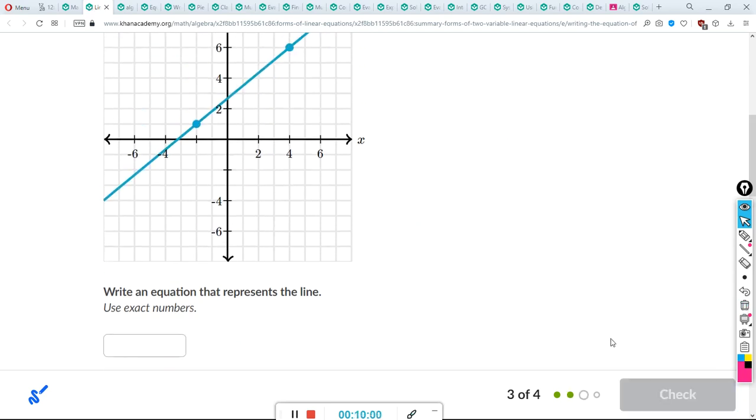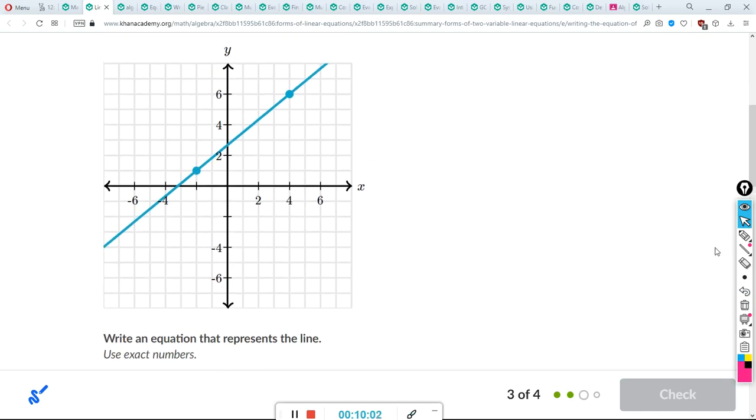Alright, one more. You see here they don't give you the y-intercept. It's hard to see where it is. So I'm going to use point slope. First you need slope.